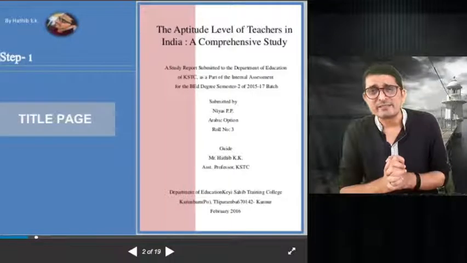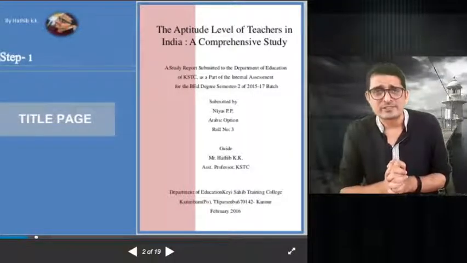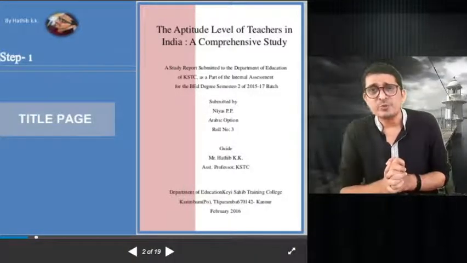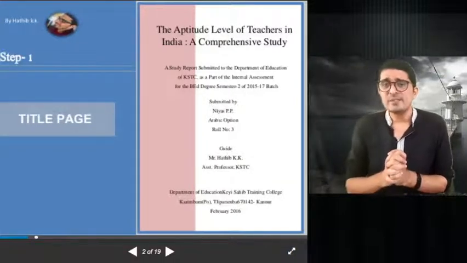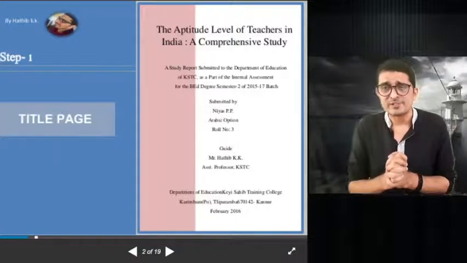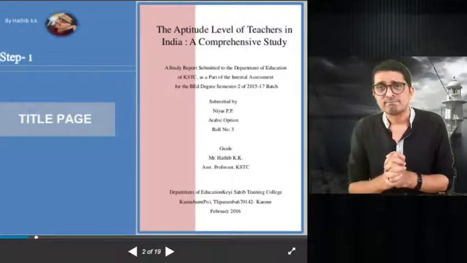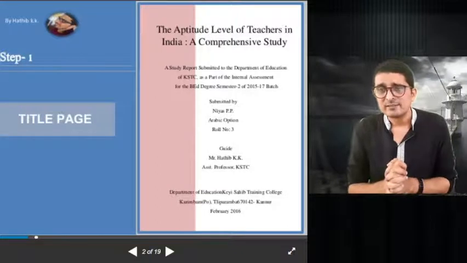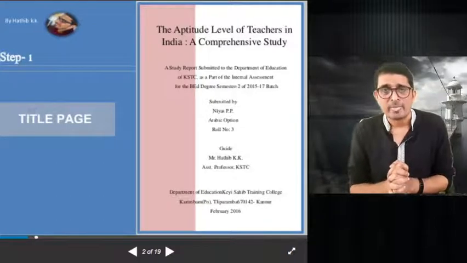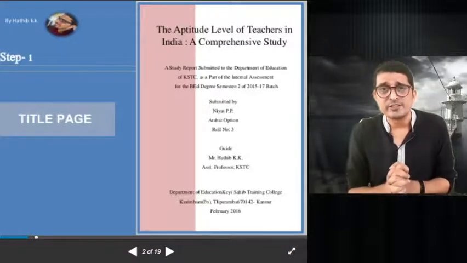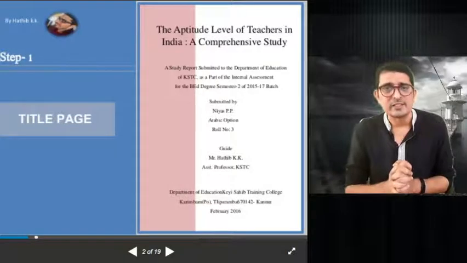If you are making a project, a study on the aptitude level of teachers in India, a comprehensive study, and if it is a part of your internal assessment by the Department of Education, KSI Training College, you can just give a description there. The aptitude level of teachers in India, a comprehensive study, is the title.